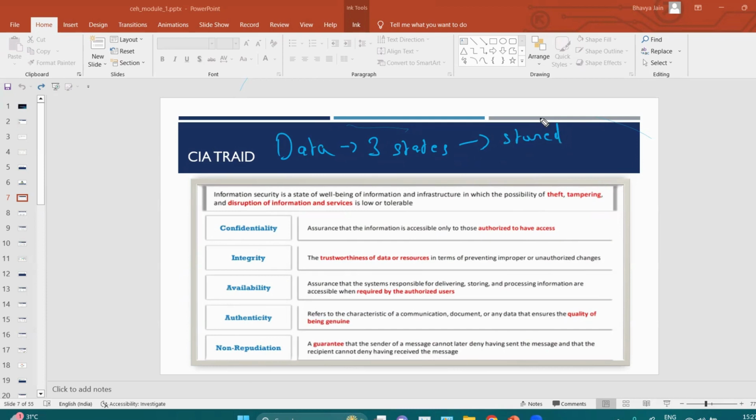It can be in a database, a cloud server, offline, online, or inside a hard disk in the system. Data can be stored anywhere, so first we have to secure data wherever it is stored. The second state is whenever we are transmitting the data.